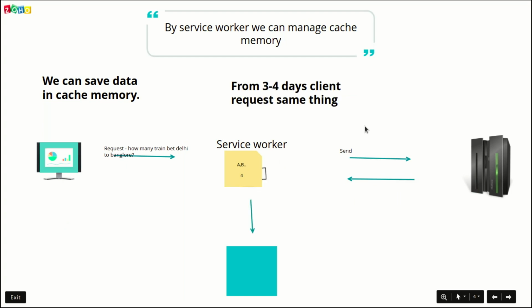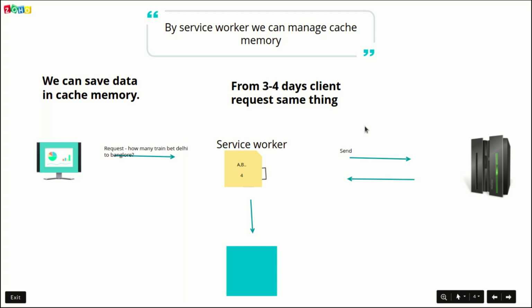This is a very basic thing we use every day. When you browse, you give a request to a proxy server, then it fetches the data from the server and returns it to the user.